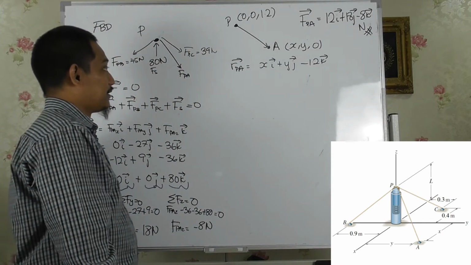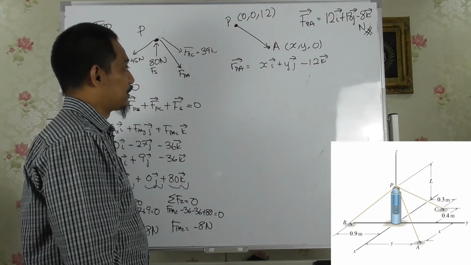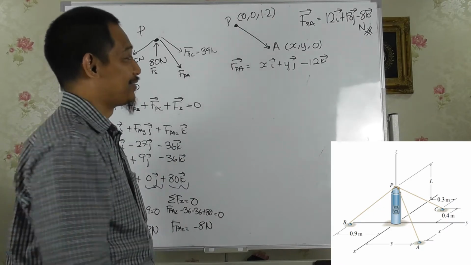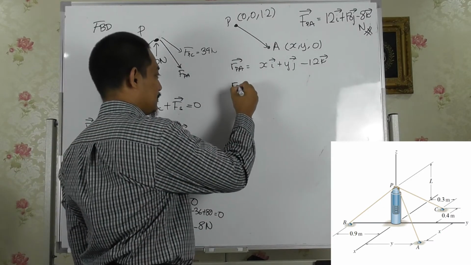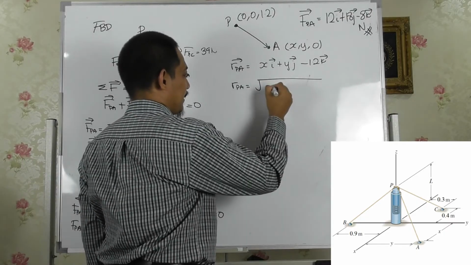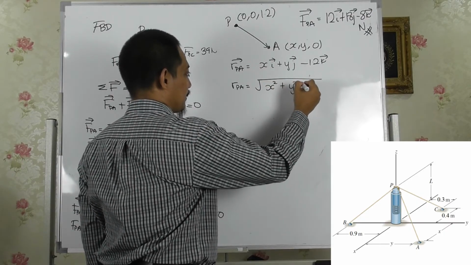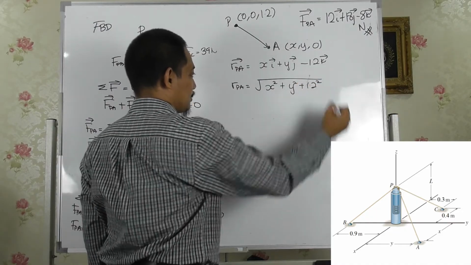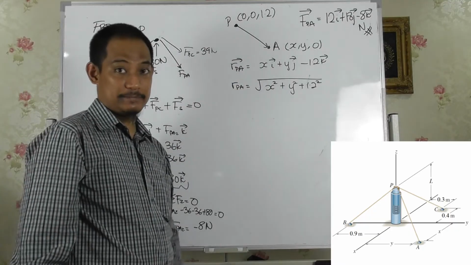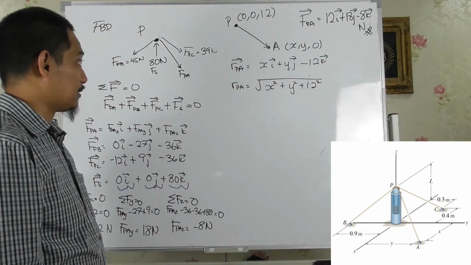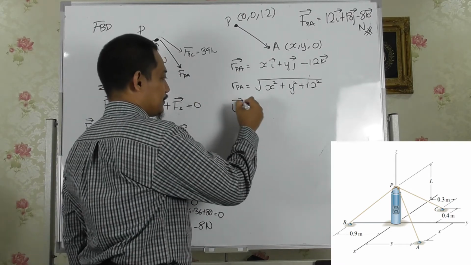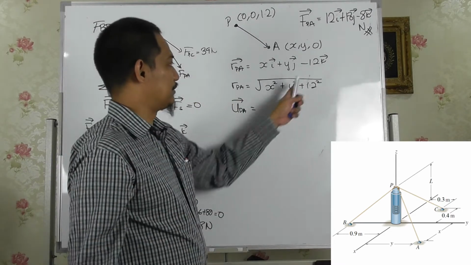right? And if you want to calculate the magnitude, then it will be the square root of this thing, right? For example, if you do not know what to do yet, we write it first: square root of x squared plus y squared plus 1.2 squared, right? And then the unit vector is this divided by this, right?